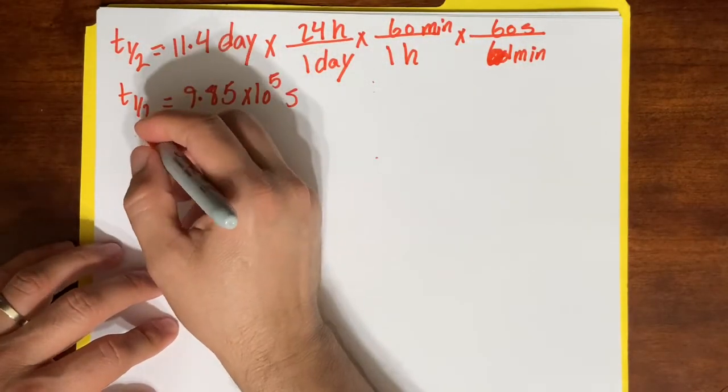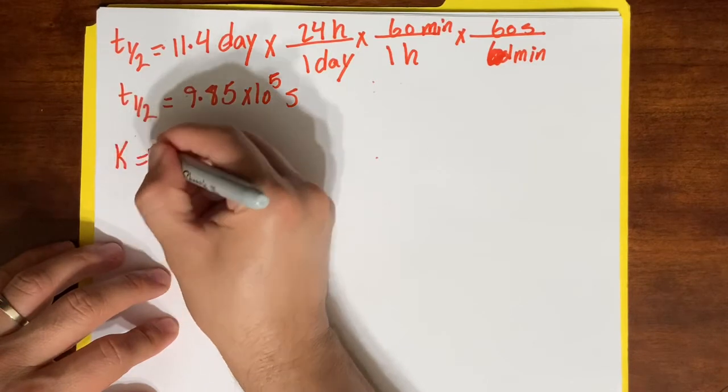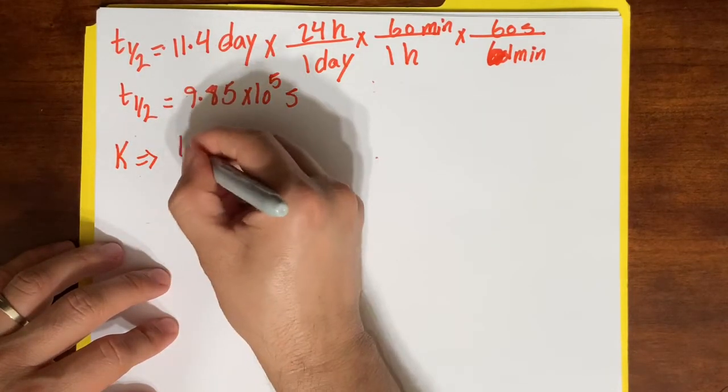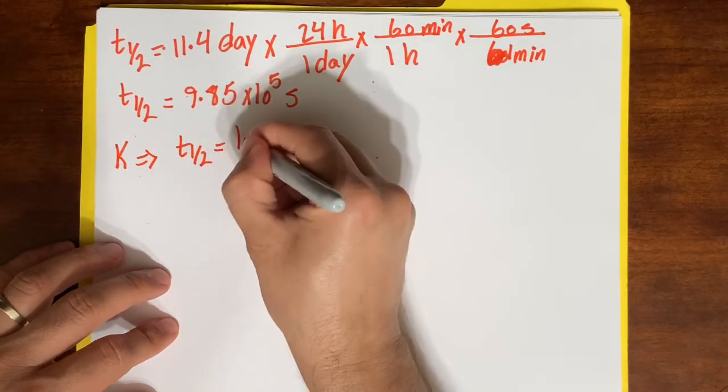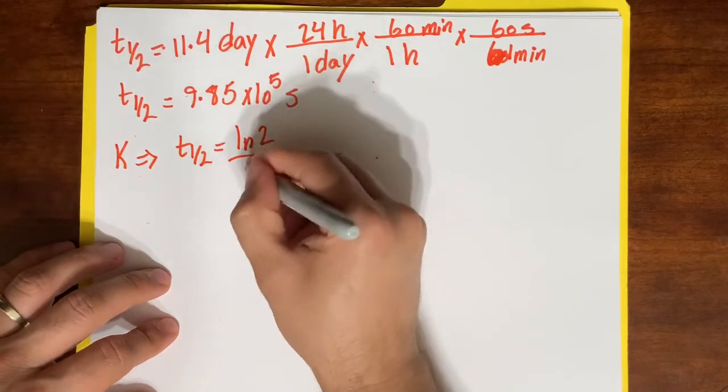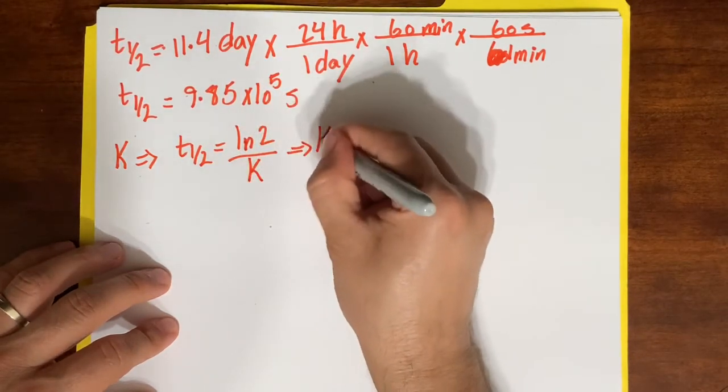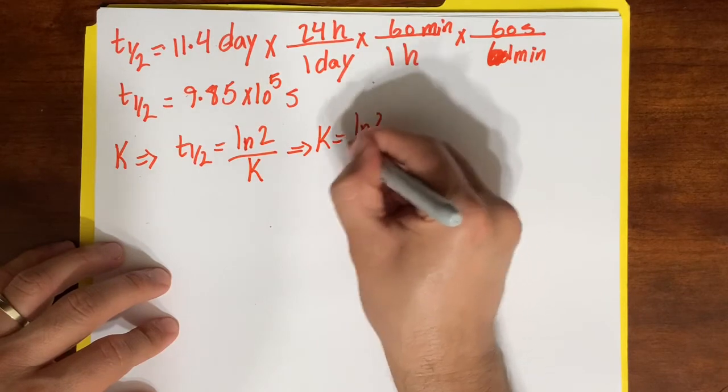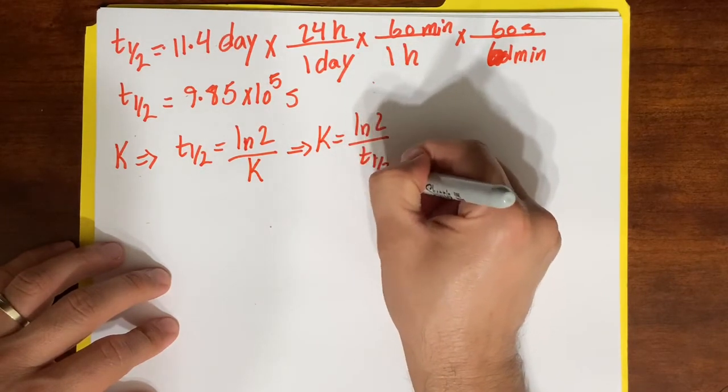Next, let's find K. The half-life is equal to ln of 2 divided by K, so K will be ln of 2 divided by the half-life.